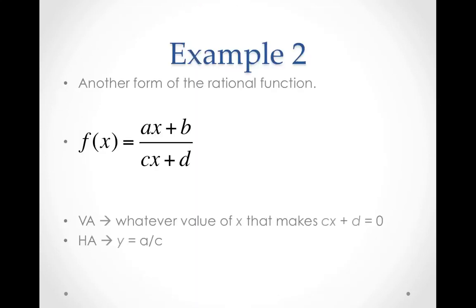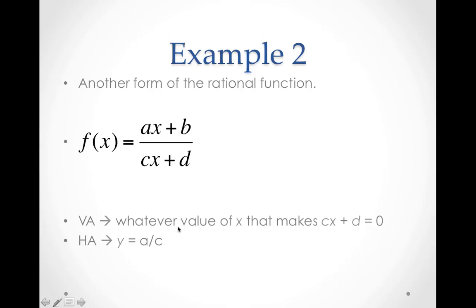Now there's one more form of the rational function that we want to look at today, and that is the form where we have ax plus b over cx plus d. So basically we're looking at a rational function where we have a linear in both the numerator and the denominator.